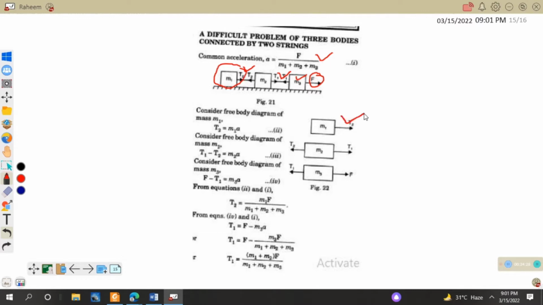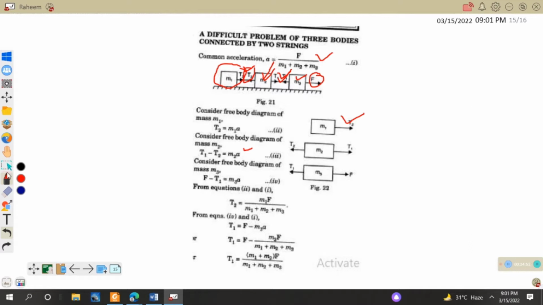So T2 will be equal to m1 into a. If we draw the forces for m2, tension T1 is acting on the right hand side and tension T2 is acting on the left hand side of this m2. So T1 minus T2 will be equal to m2 into a.